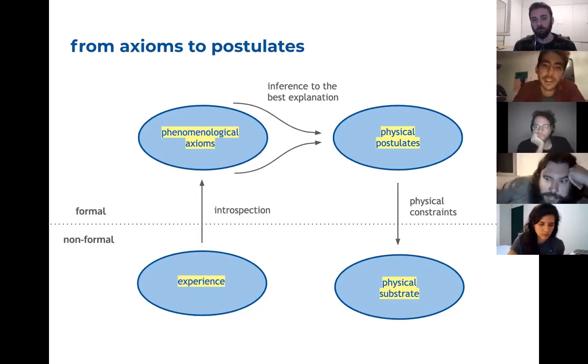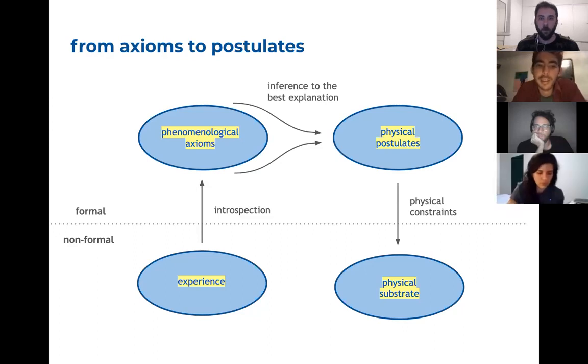There are regularities in experience, so it makes sense to say that a world exists. But it's kind of Cartesian in some sense, in that the phenomenological axioms are sure about consciousness, but it simply infers a world that's able to explain. So the axioms taken by themselves don't say anything about causal powers and the physical world, but that's what the postulates will do.